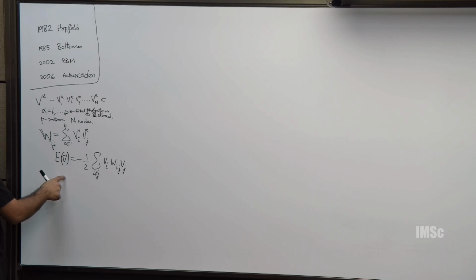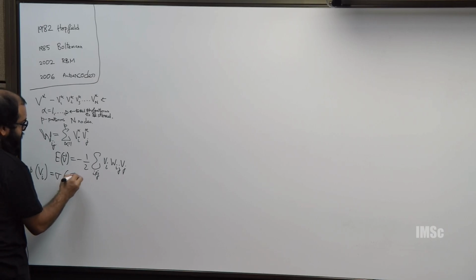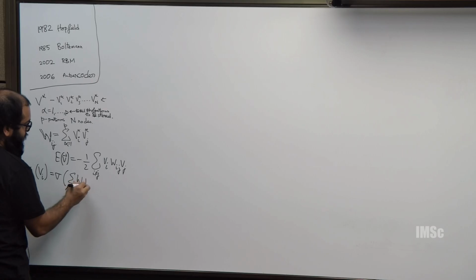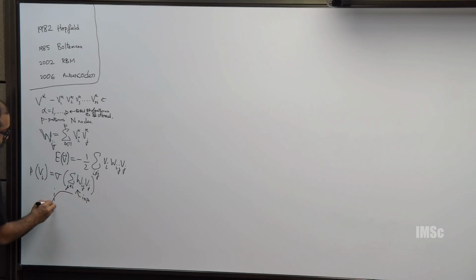We saw that if you have this sort of description, then individual nodes update using the sigmoid, right? Sigma of the sum over j not equal to i of W i j V j. This is the input received by the ith neuron, and it fires if it's above a certain threshold, right?